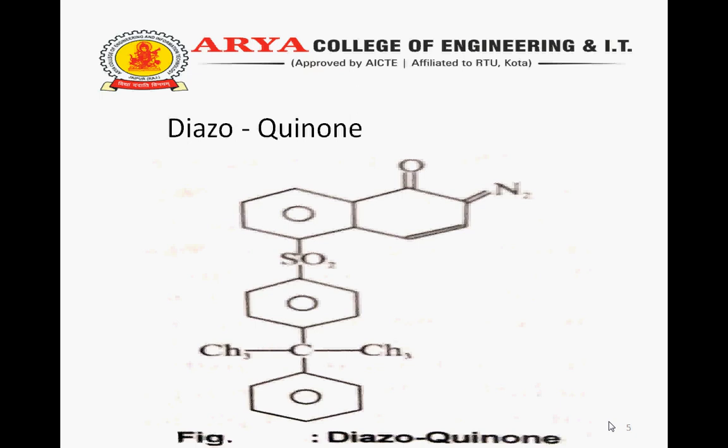We will simplify the DQ molecule by representing it with a generic R. In this state, the PAC, meaning photoactive compound, acts as an inhibitor, reducing the dissolution rate of the resist in the developer by a factor of 10 or more. This occurs by a chemical bonding of the PAC and the novolac at the surface of the developer.